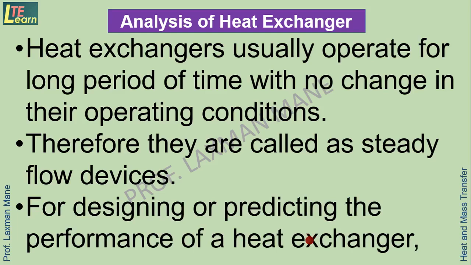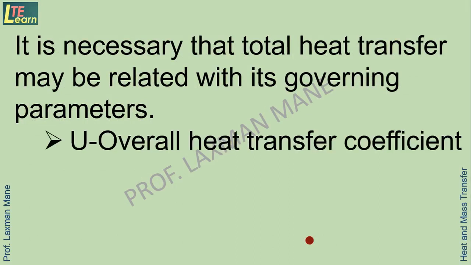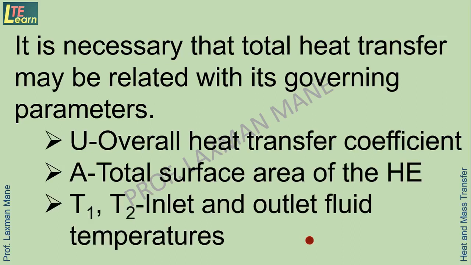For designing or predicting the performance of a heat exchanger, it is necessary that total heat transfer be related to its governing parameters such as overall heat transfer coefficient, total surface area of the heat exchanger, and T1, T2, the inlet and outlet fluid temperatures.